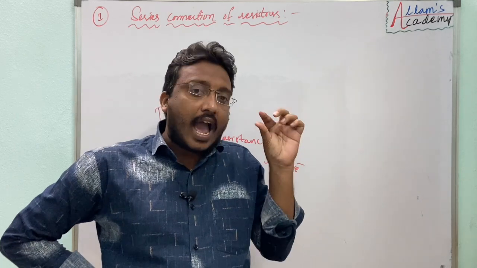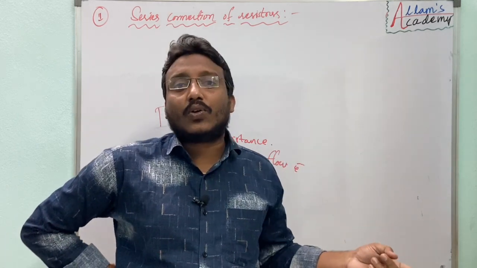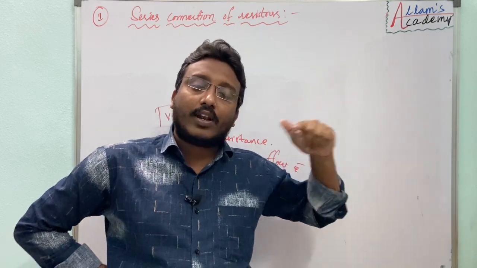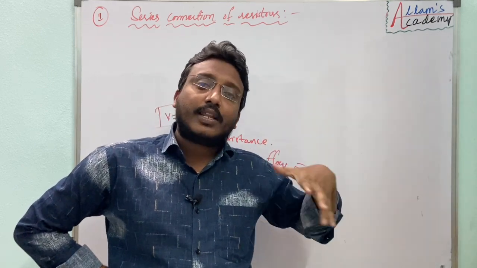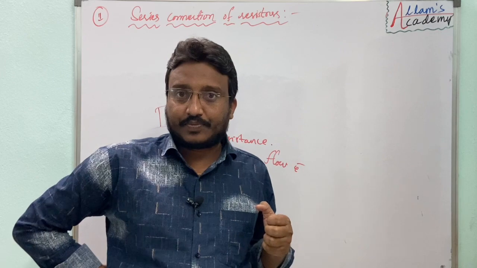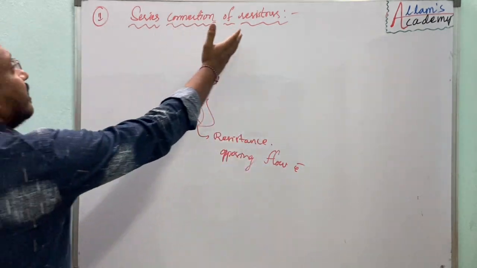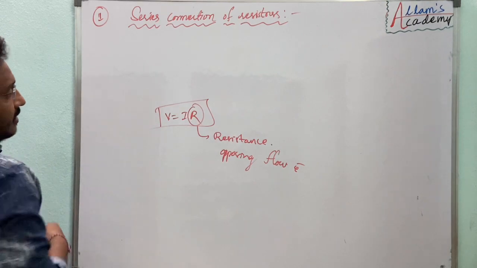So here iron is a resistor. Iron is a conductor; the charges can flow, but it can resist.